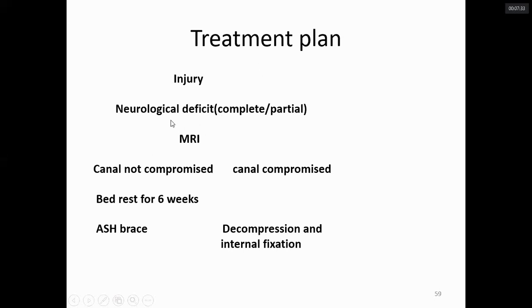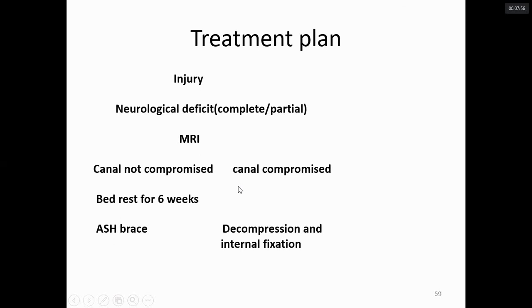If there is an injury with a neurological deficit, first rule out whether the patient is in spinal shock or not. Once the spinal shock period is over, you can classify whether it's a complete or incomplete spinal cord injury, and you can go for MRI to look for cord compression, disc prolapse, or any soft tissue ligament injury.